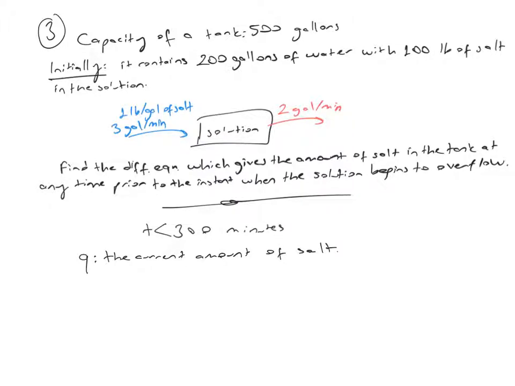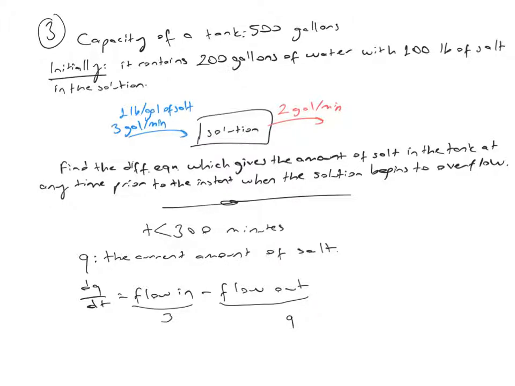And our differential equation will be in this form: dQ over dt is equal to flow in minus flow out. 1 pound of salt per gallon is entering at a rate of 3 gallons per minute. So the entering salt to the tank is 3 pounds per minute. So this part is 3. What is the mixture that is flowing out of the tank? The current amount of salt is Q, and what is the ratio of Q that is flowing out of the tank?